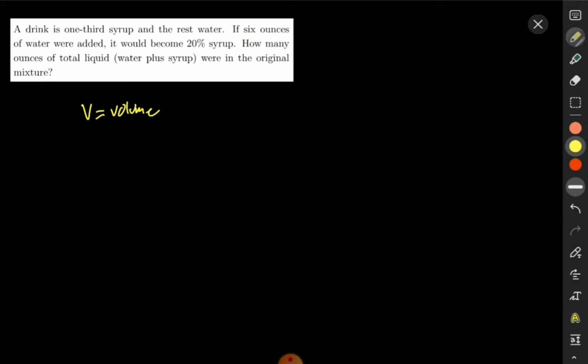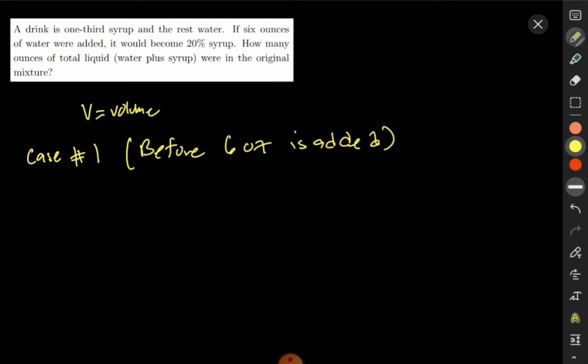Now, it says in the problem, so case 1. Obviously you can say there are two cases. This is before 6 ounces is added, and case 2 will be after 6 ounces is added.